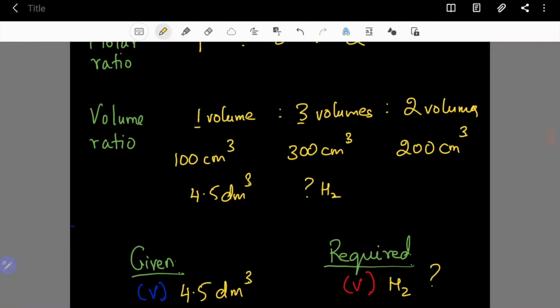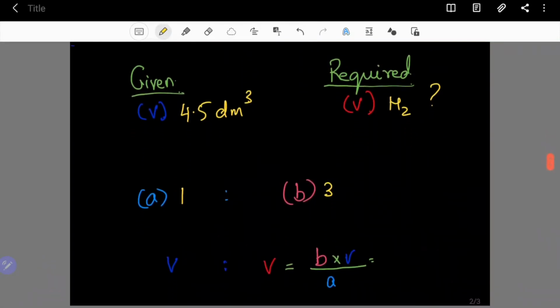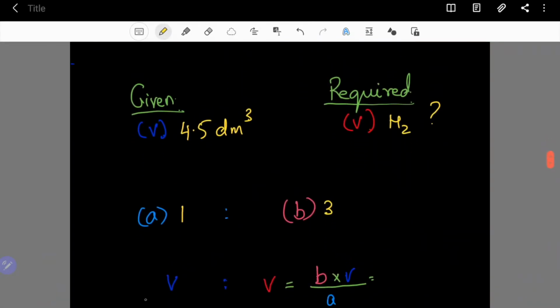Now, the volume ratio is 1:3, and we can calculate the volume of hydrogen using 4.5 decimeter cube, which is given in the problem. And that is going to be 3 times 4.5 over 1, which is 13.5 decimeter cube. And this is how you can apply Gay-Lussac's law of combining volume.